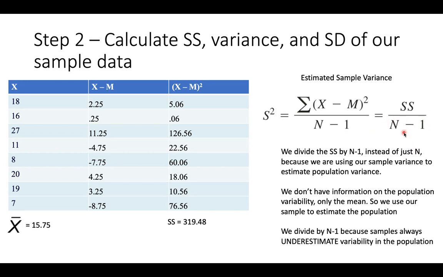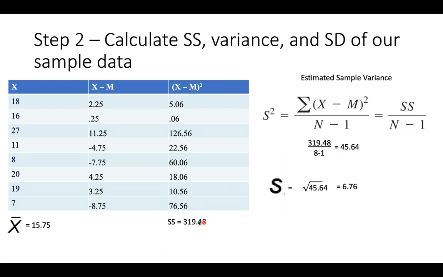We're estimating the population, and because of that estimation, we need n minus 1 instead of dividing by n. But to do the math, you don't have to understand that. So if that doesn't quite stick right now, don't worry about it. Let's just learn the steps and learn the math, and then you can go back and try and figure out the theory behind why we need n minus 1.